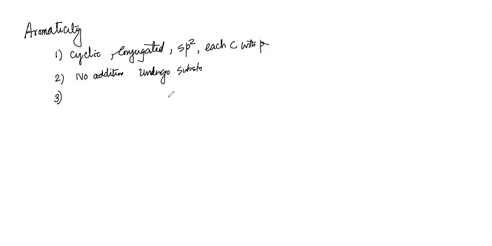Okay. Number 4, the heat of hydrogenation. The heat of hydrogenation is different from that calculated from the double bonded compounds, three double bonded compounds. So the calculated value and the actual value of hydrogenation are different.